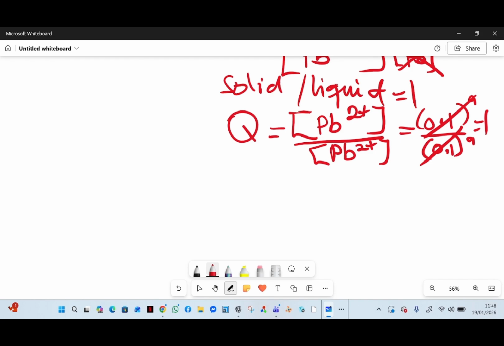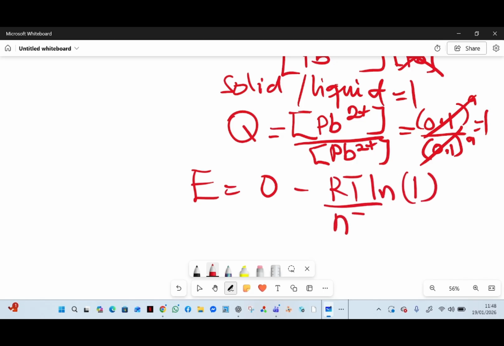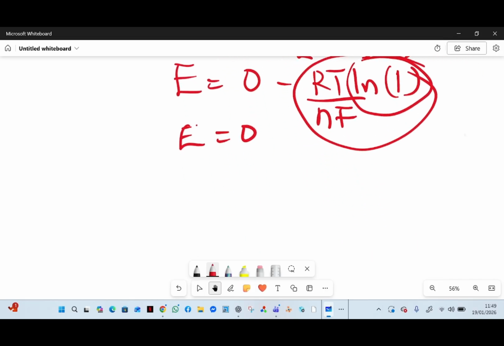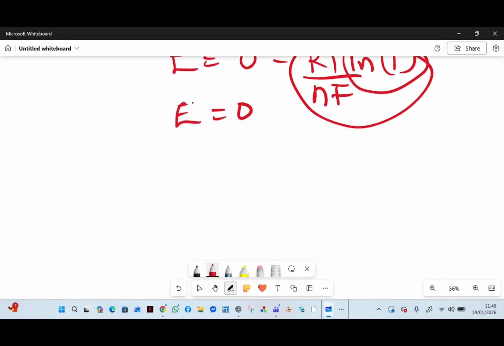The numerator and the denominator will cancel out to give us 1. And so the overall reaction will be equal to 0 because E will become 0 minus RT ln 1, and ln 1 goes to 0. So this whole thing goes to 0 and the cell is not going to do work. So for a concentration cell to do work, there should be a concentration gradient between the two cells.